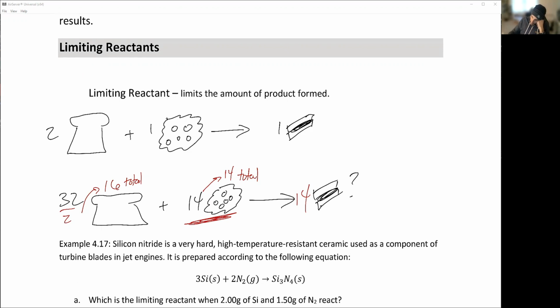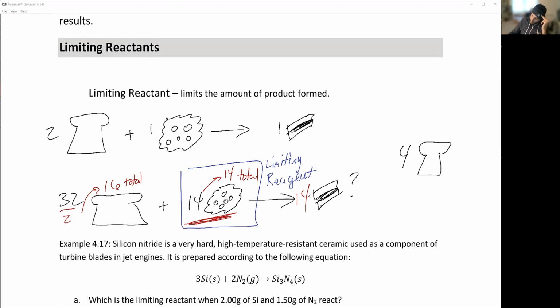But what do I have left over? Ultimately, the cheese would be my limiting reagent, or limiting reactant. How much bread would I have left over? If I made 14 sandwiches, I would use 28 pieces of bread, meaning that I have 4 slices of bread left over.